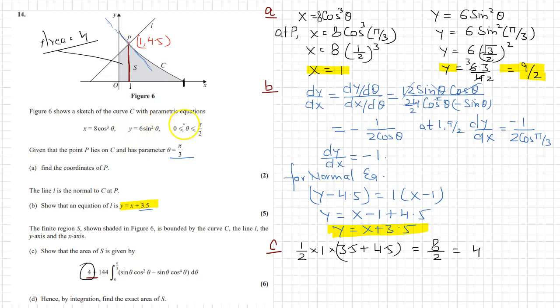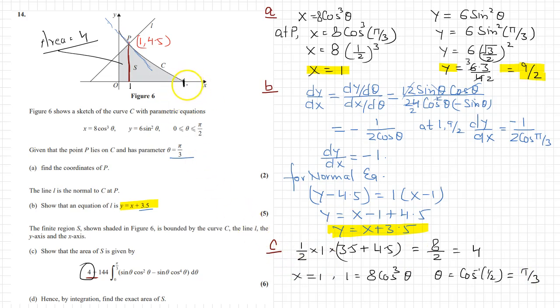So if x is 1, so 1 is equal to 8 cos cube theta. So theta will be cos inverse half. So theta will be pi over 3.